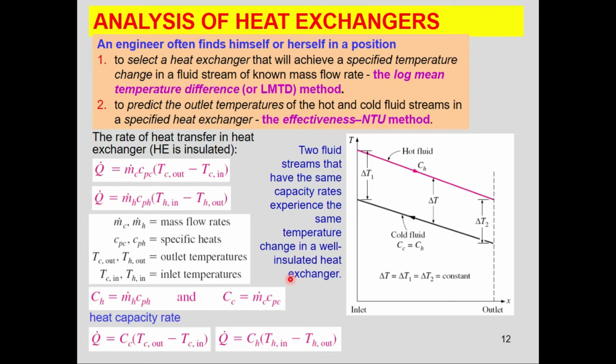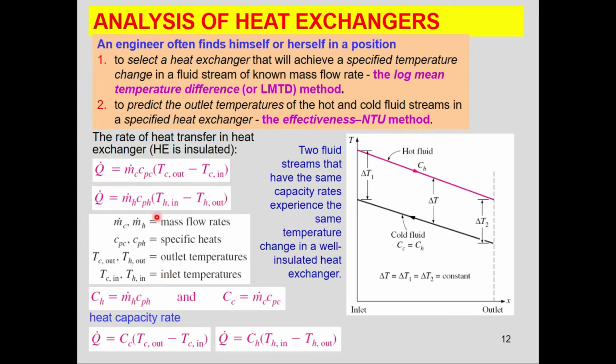So if both fluids are the same, the delta T between the hot and the cold stream will be the same at each point. This is only for the condition that both fluids are the same, or have the same capacity rates, and the heat exchanger is fully insulated.